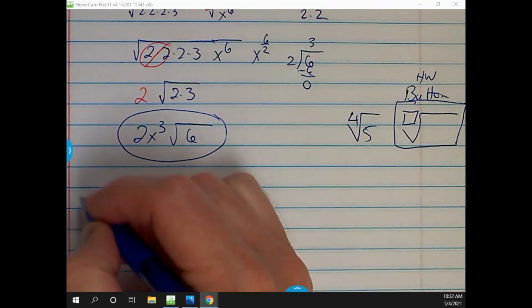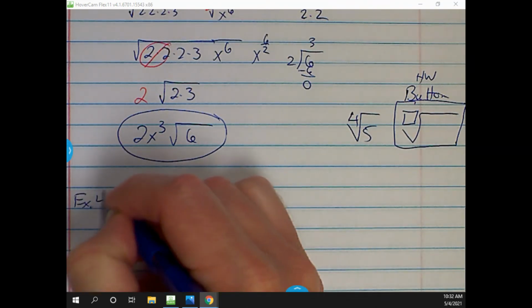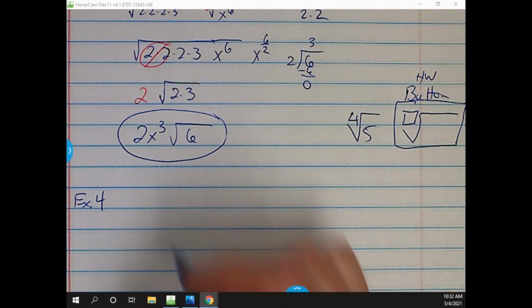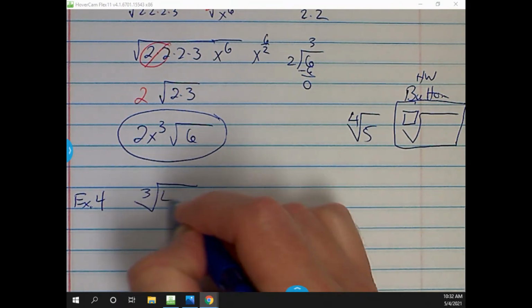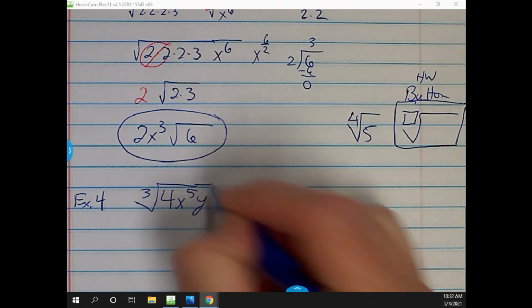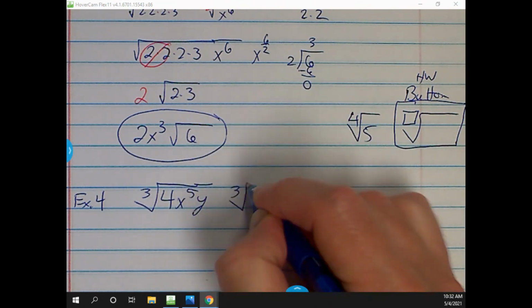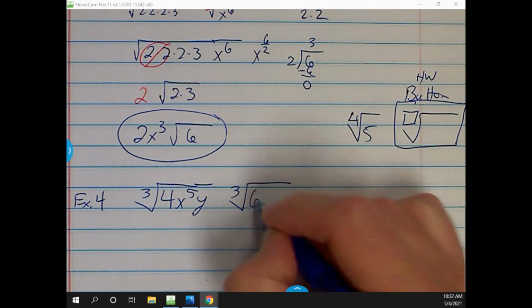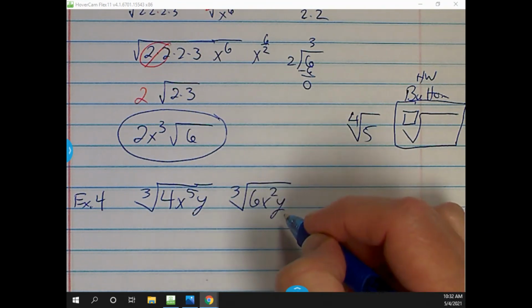All right, let's give you another one of those. Let's do the 3rd root of 4 x to the 5th y times the 3rd root of 6 x squared y to the 4th.